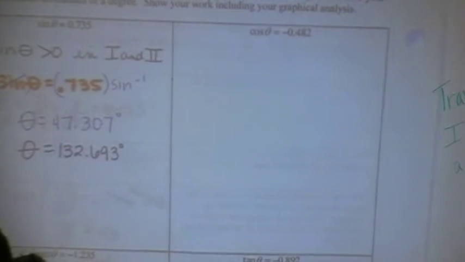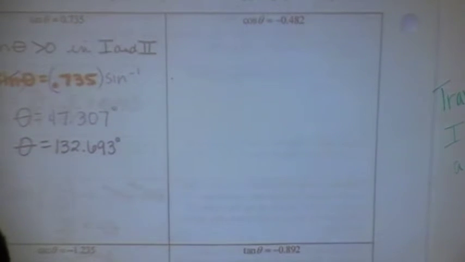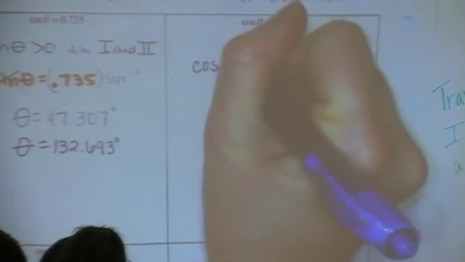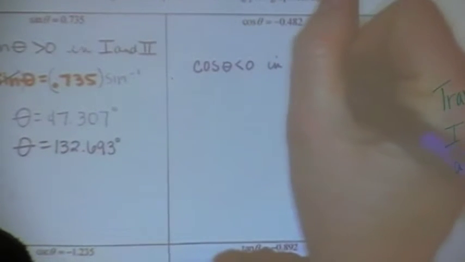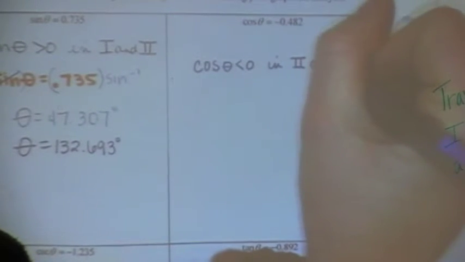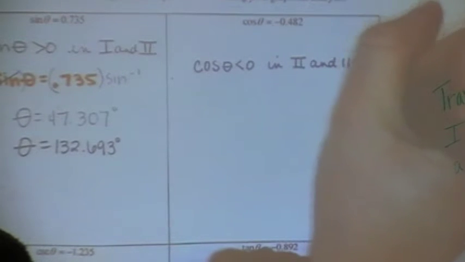First thing we want to do is recognize that cosine is negative. Cosine of theta is negative in quadrants 2 and 3. So when I get done with this, my angles should be in quadrant 2 and 3.